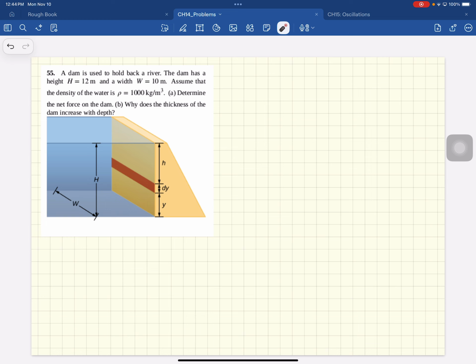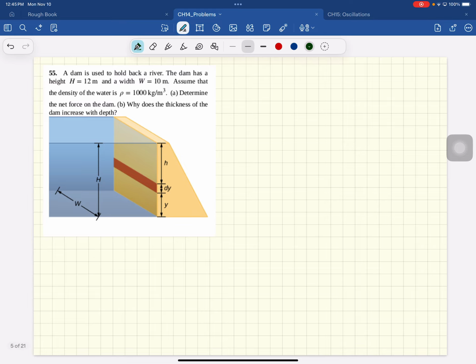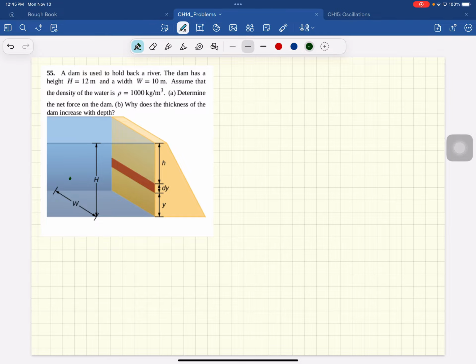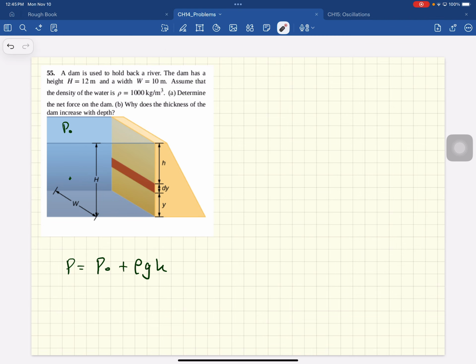So you know that the pressure increases with depth. The pressure at any depth is P naught, where P naught is the atmospheric pressure at the top, plus rho g h, where h is the depth. Now the net force: what is the pressure here?